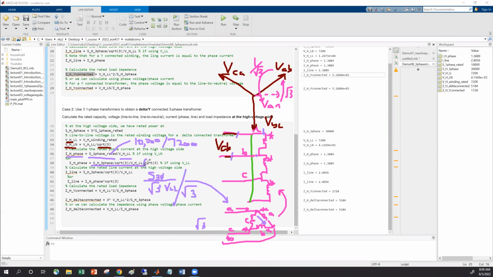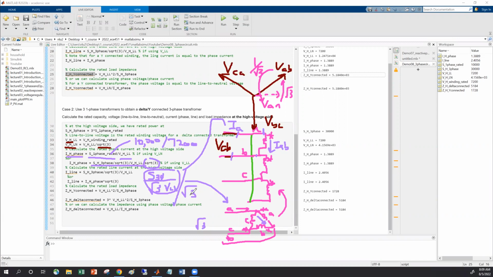So that's how this square root of 3 comes in. So this gives us the line current here, this is IA. However, this phase current is IAB, and this IAB actually has a square root of 3 difference.